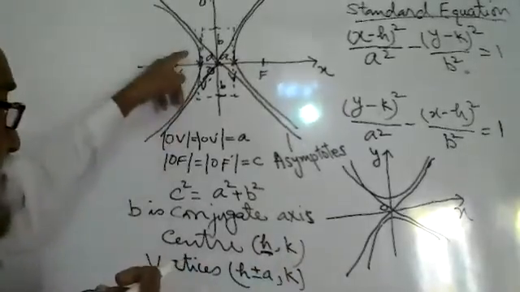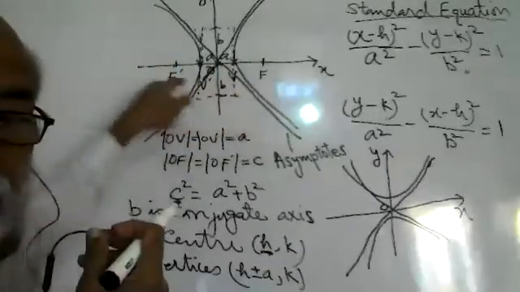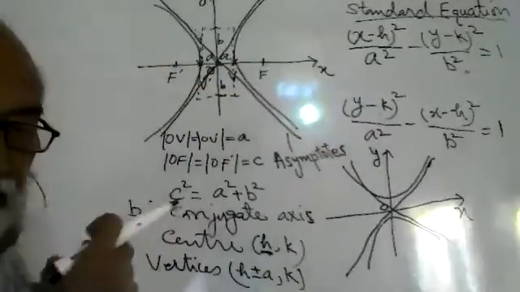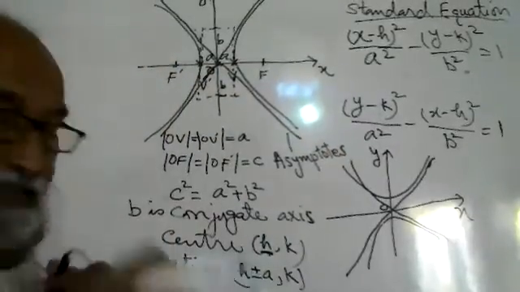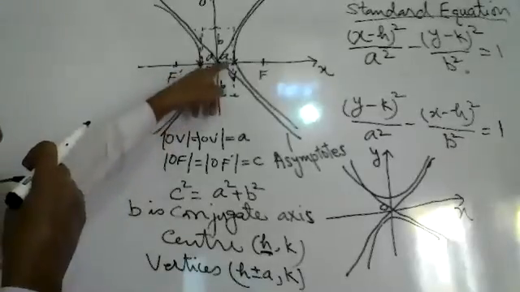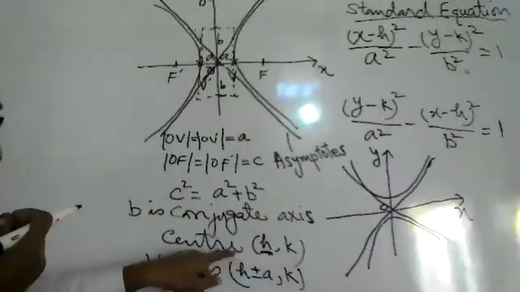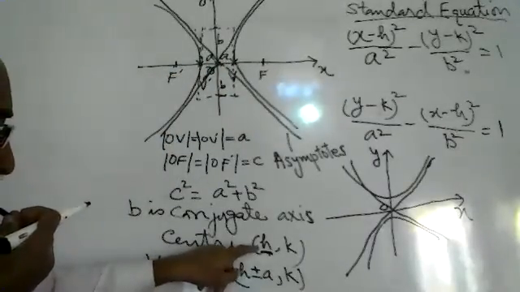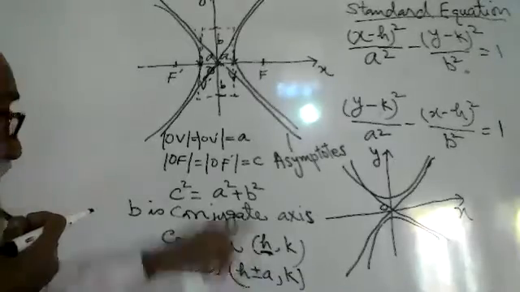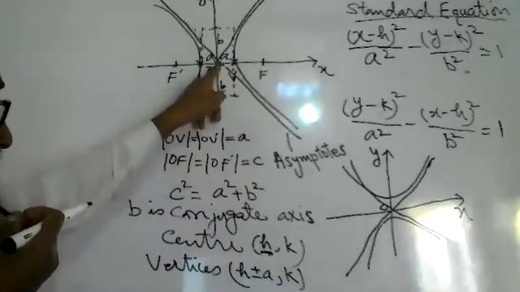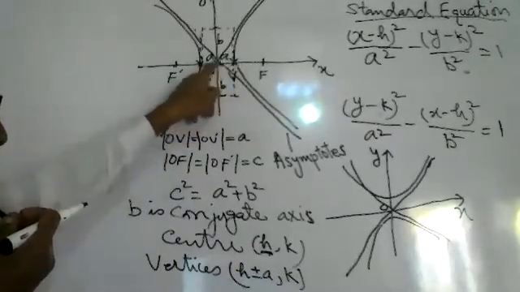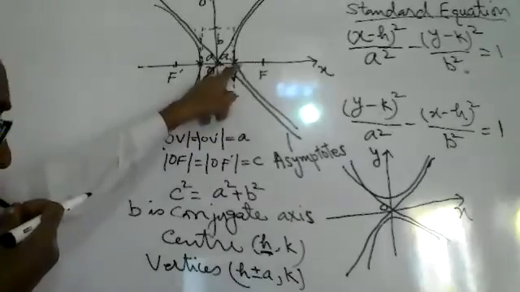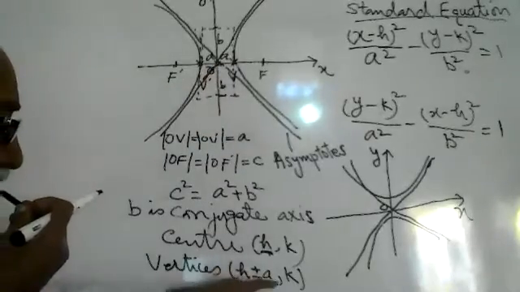A is the distance from the center to the vertex. So the vertices will be h plus minus a comma k.